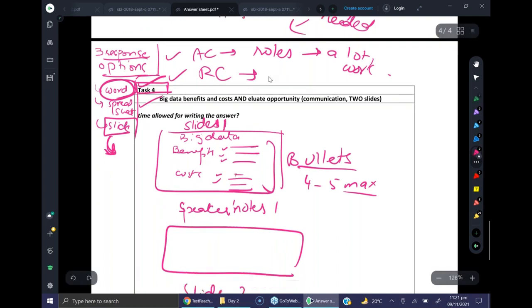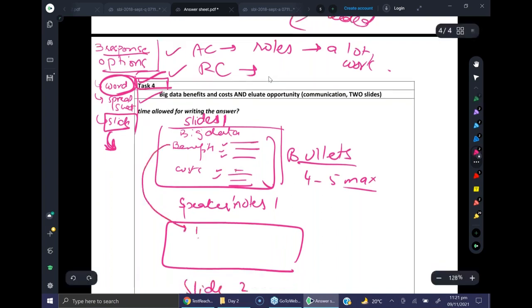For each benefit you have mentioned, discuss it in detail in your speaker notes, but not too much in detail, because the speaker notes here have 2 marks in total. If you have to explain 3 benefits and costs, you might run out of time. So try to be quick and to the point. Here you explain the slide 1 content in the speaker notes.